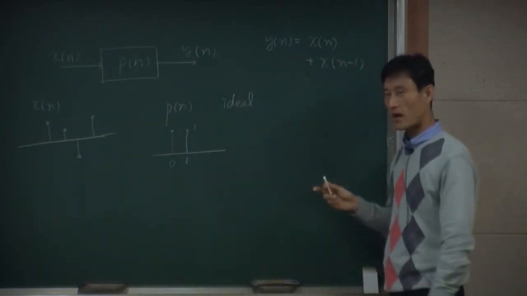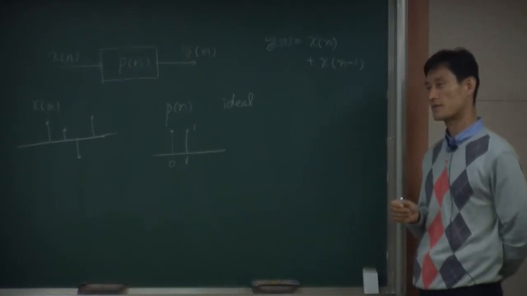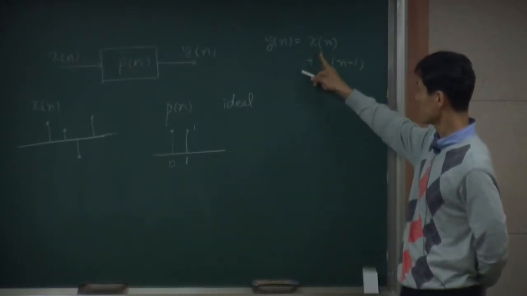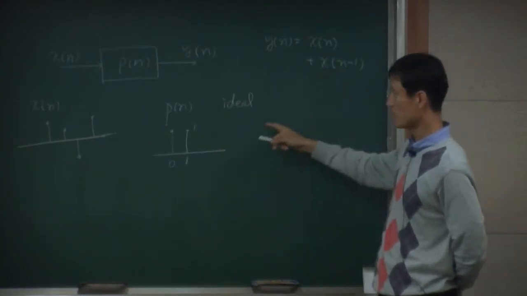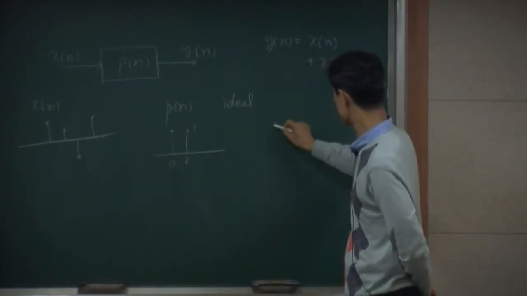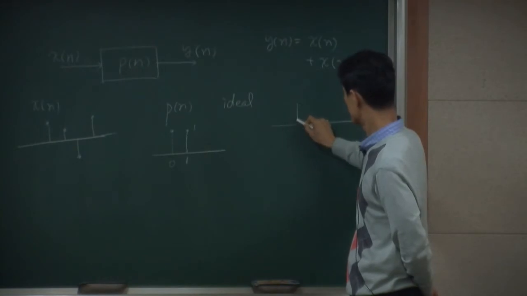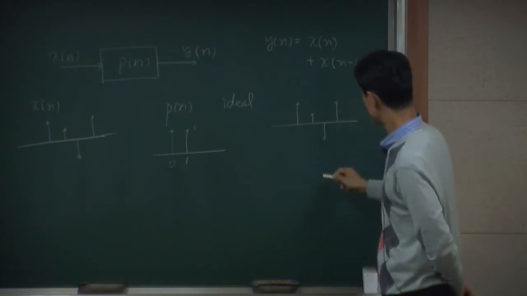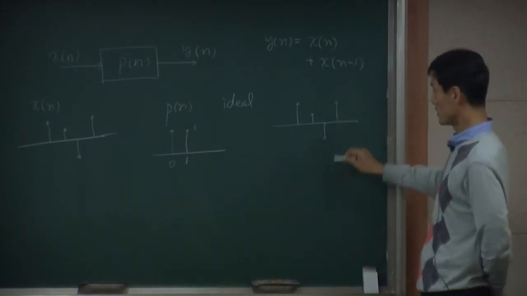Now then, what does yn look like in this case? As you see here, yn is xn plus xn minus 1. So let's do that here. Xn is like this. This is xn. And let's think about xn minus 1.